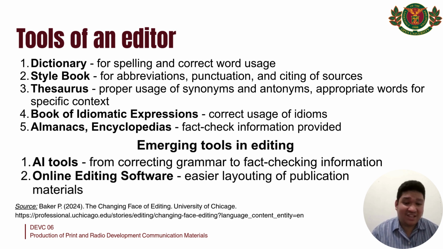Number one, a dictionary, which helps in spelling and the correct word usage. Number two, a style book for abbreviations, punctuations, and citing of sources. Number three, a thesaurus, where proper usage of synonyms and antonyms, and appropriate words for specific contexts are checked. Number four, a book of idiomatic expressions, or if we are using the right idioms.